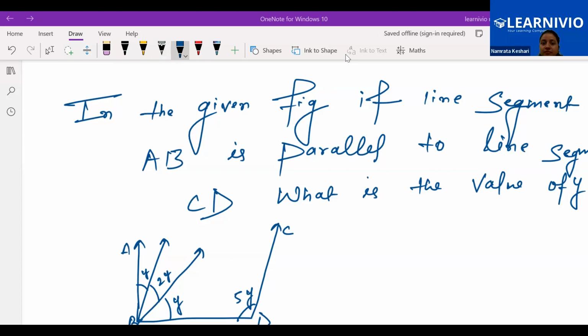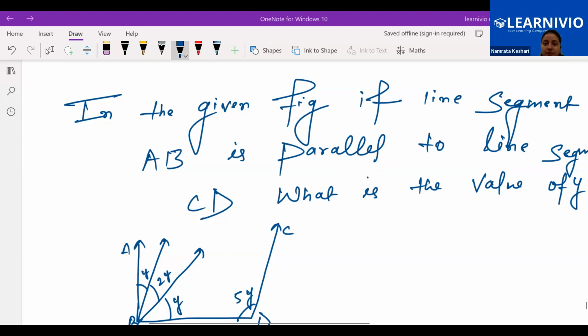Ma'am, I got 20 degrees. Sarah, what did you get? Ma'am, I got 20. Okay. Arhan, you are saying you got 20. Yes, ma'am. Okay. Sarah? 20. Okay, everyone is getting 20.